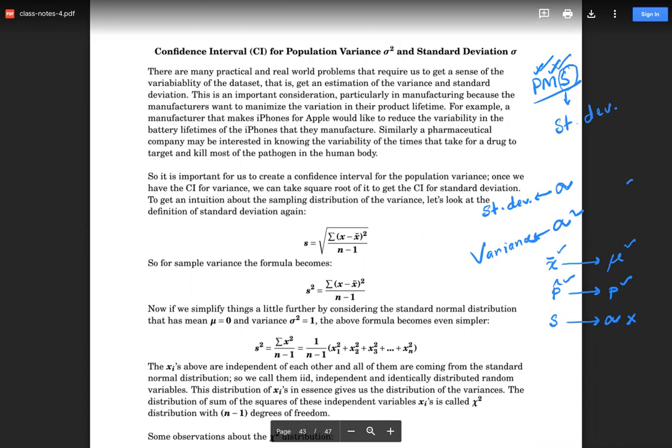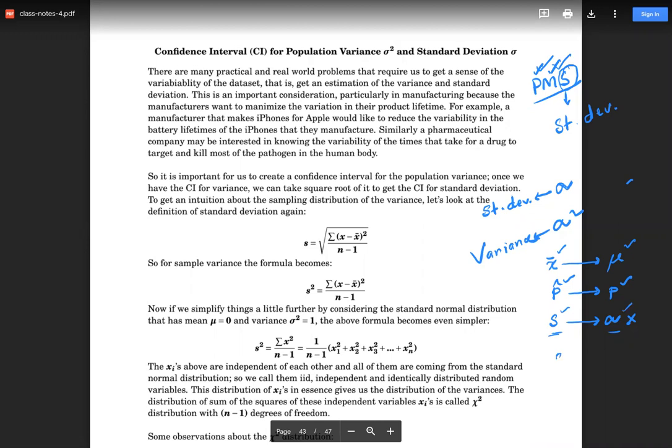But as we know, S is not an unbiased estimator of sigma. That means it's a biased estimator. Basically, in theory, you cannot really use S as an estimate of sigma.